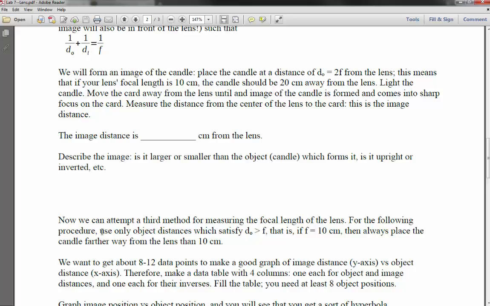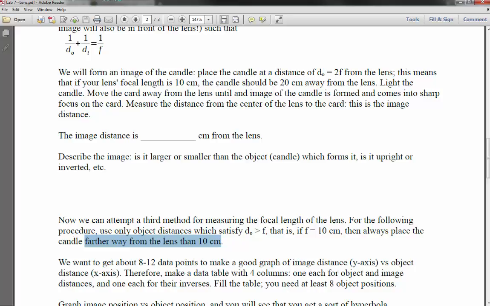Basically it says use only object distances which satisfy DO greater than F. The object distance is DO, F is the focal length. So if focal length F is 10 centimeters, then you always have to place the candle farther away from the lens than 10 centimeters.